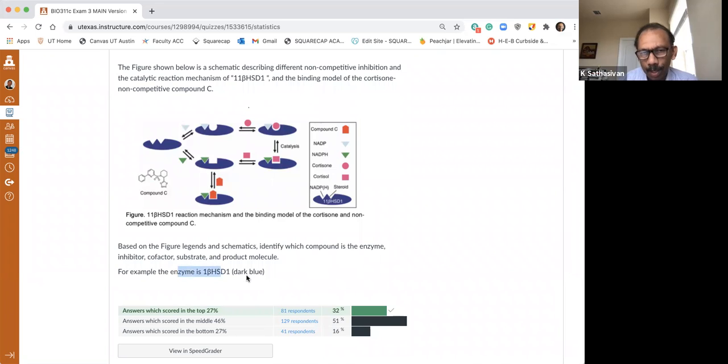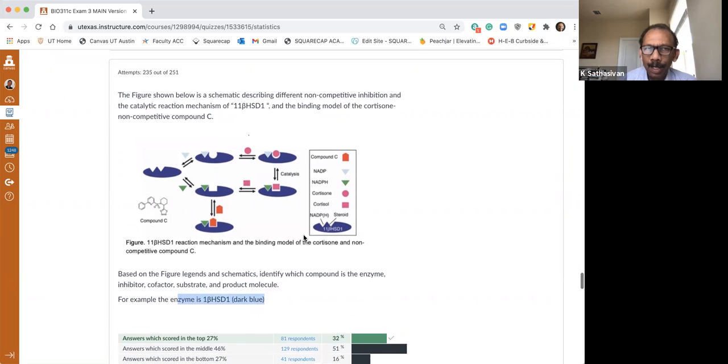And I give you the answer. Dark blue is the enzyme. Then ask which one is the inhibitor. Okay, so if you read this, non-competitive compound C. Okay, this is again a non-competitive inhibition.